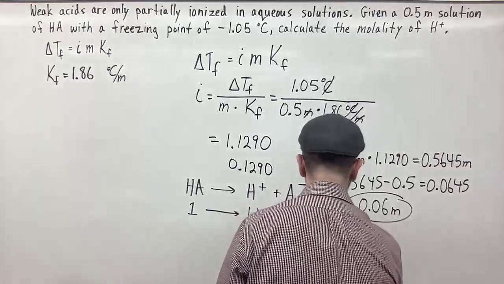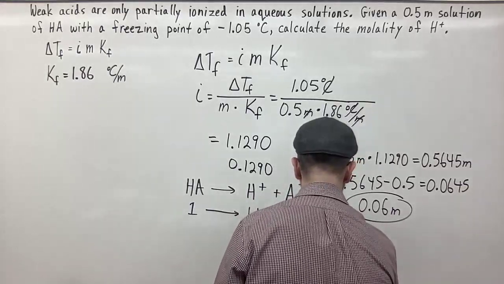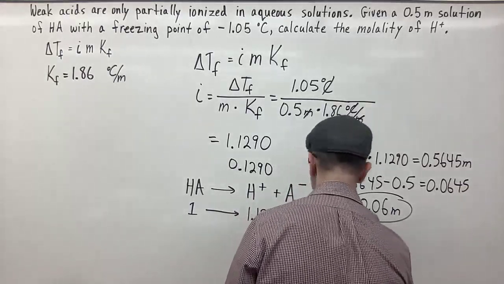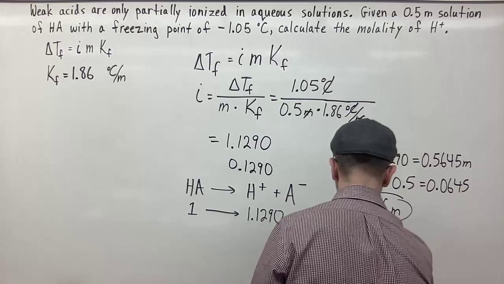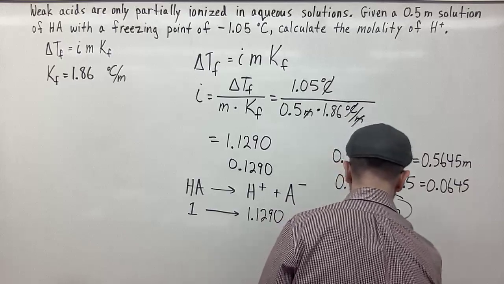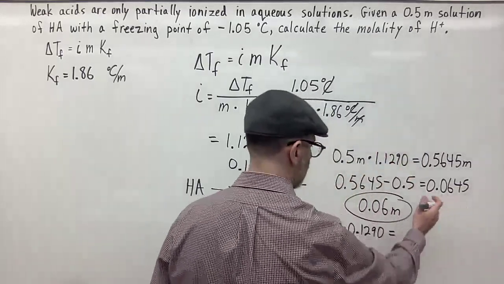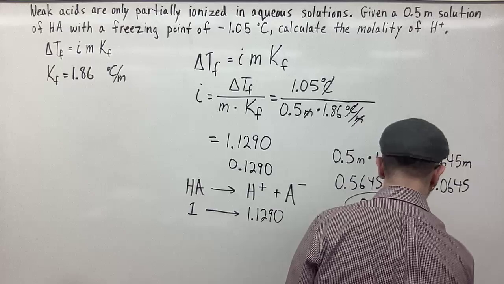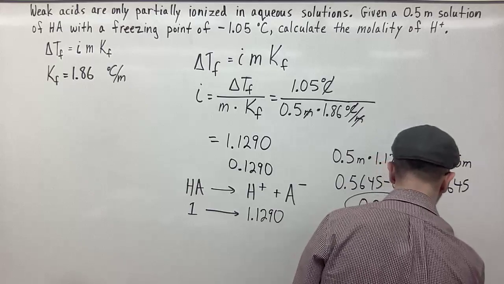So if we take 0.5, multiply that by 0.1290, again, we get this value here, 0.0645.